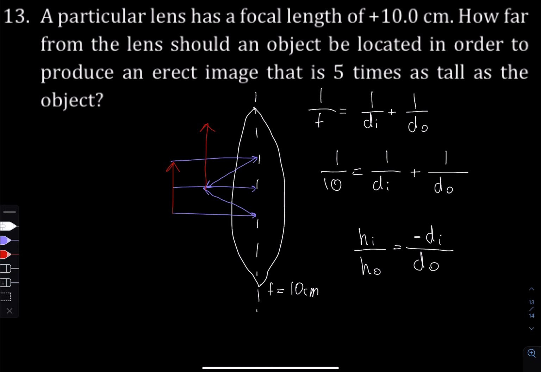We're trying to make an image that is 5 times as tall as the object. So negative di over do, if the image is 5 times as tall as the object, this should be 5.